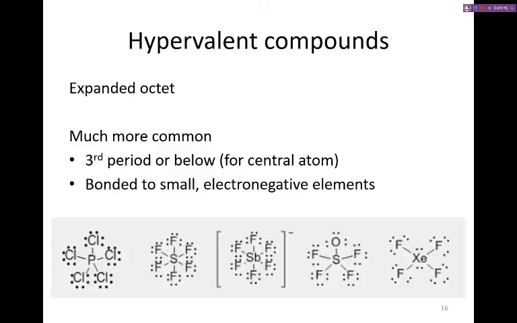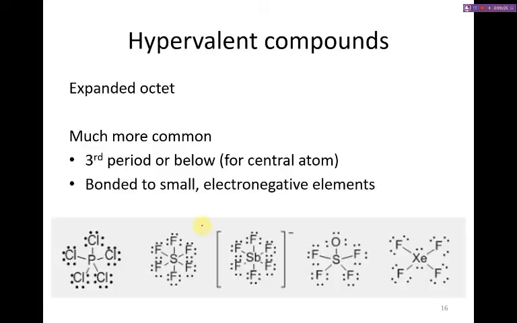In these examples of hypervalent compounds, you'll notice that the elements on the exterior are all small and very electronegative: chlorines, fluorines, oxygens. That's just about it in terms of what you could get.